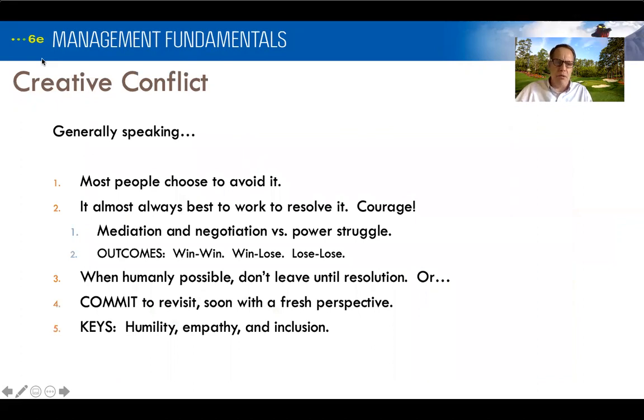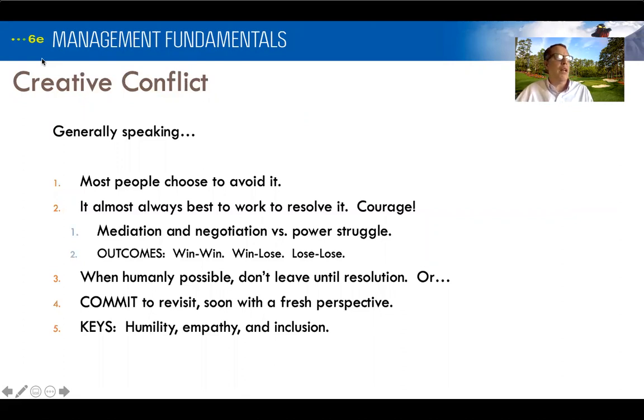A couple of guidelines, generally speaking, most people choose to avoid it, but it's always best to work through it. And mediation and negotiation versus power struggle. There are very few times in my life that I've had to get to the point where you just say, well, this is what we're doing, and I'm the boss, or I'm the manager, and that's what we're doing. Kind of like when your parents growing up say, well, because I told you so.